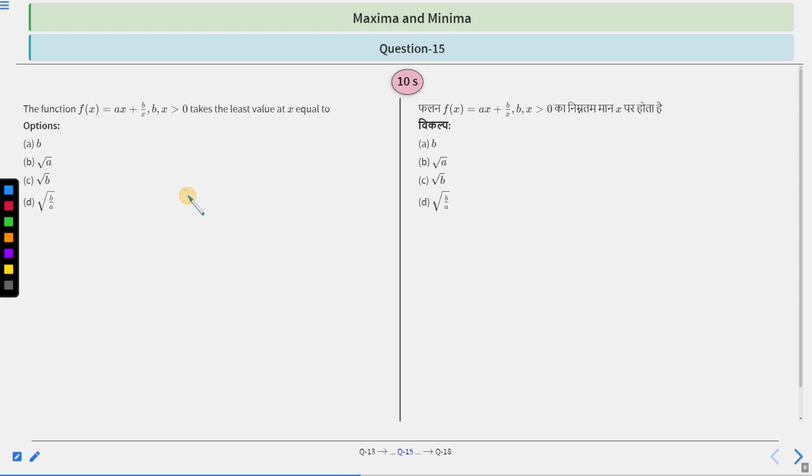We have to select the critical point at which f double dash x is greater than 0, right? So the point at which f double dash x will be greater than 0 will be the point where the function takes the least value, right? So in this way, you can approach the question.